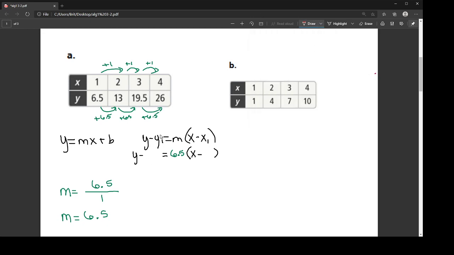Now for my x1 and y1, I'm going to pick one of my points and plug it in. I think I'm going to go with this one, 1 and 6.5. So where my x1 is, I'm going to write the number 1. Where my y1 is, I'm going to write a 6.5.